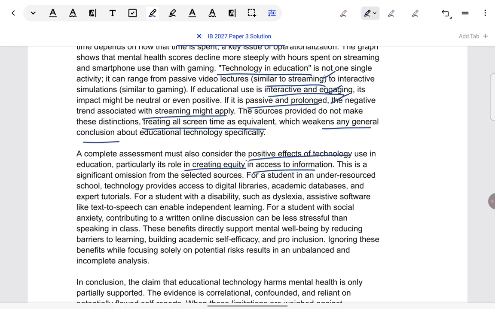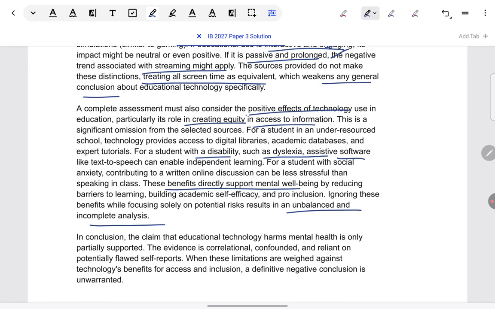It can reduce academic pressure on them. Or students who have disabilities, applications or software of technology which are available to assist them is making it very easy for them to learn, which was not possible before. So to overlook these benefits that mental health can gain by technology and to just look at the bad effects like they've done in all the sources is an unbalanced and incomplete analysis.